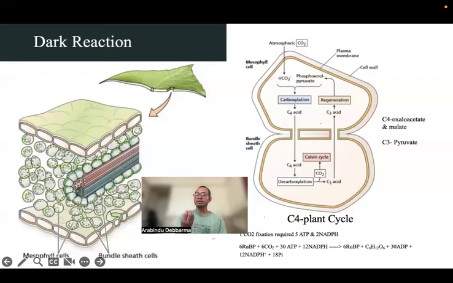If they open their stomata for carbon dioxide every time, they will not only take in carbon dioxide, but also lose a lot of water, and the plant will not be able to survive.